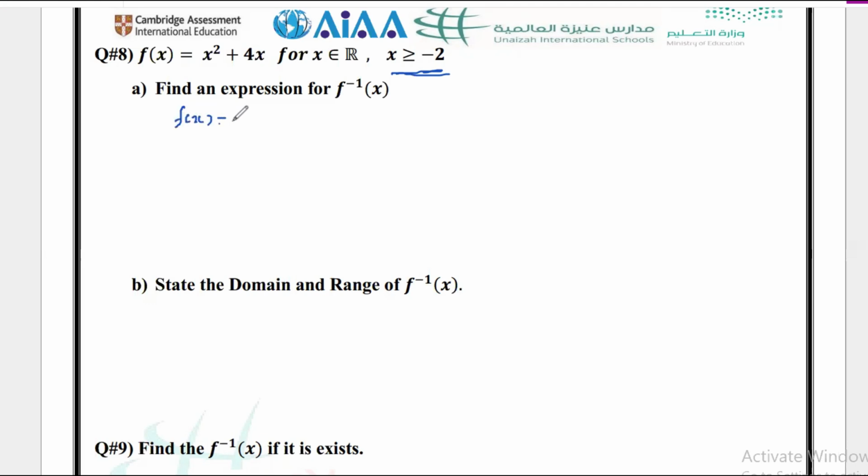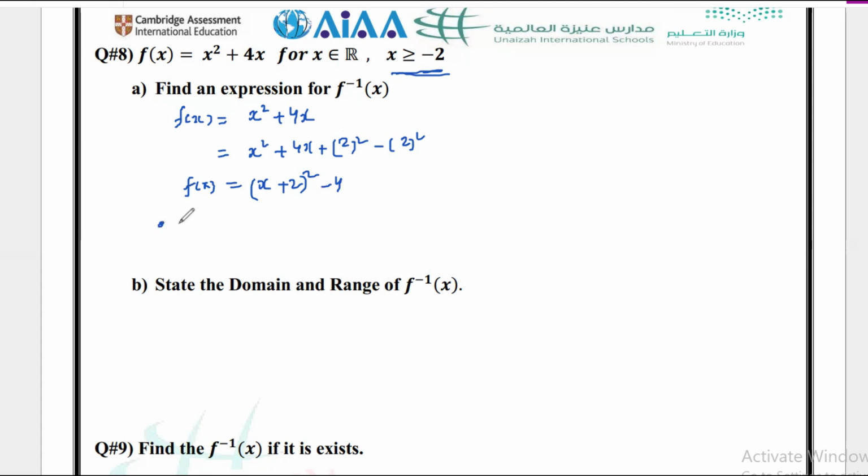f of x is equal to x squared plus 4x. I will try to make a complete square here as well. For x squared, half of 4 is 2, and we will add 2 squared and subtract as well. So this gives me (x plus 2) whole squared minus 4, f of x. Now I will move on to find what f inverse is.